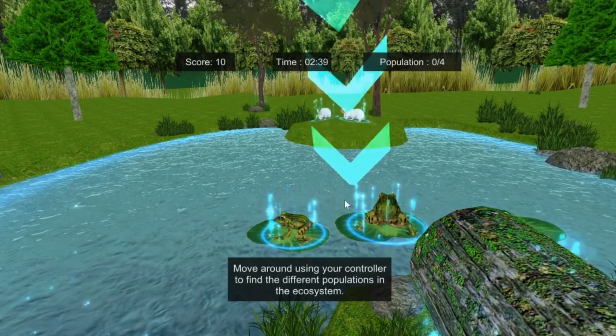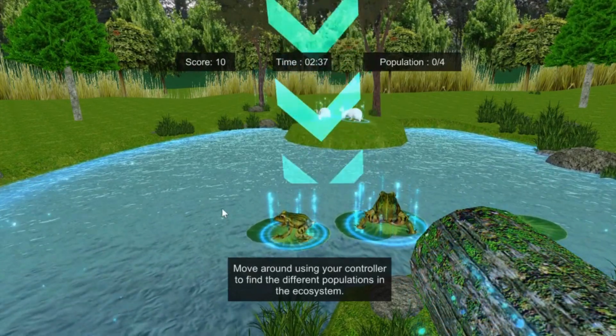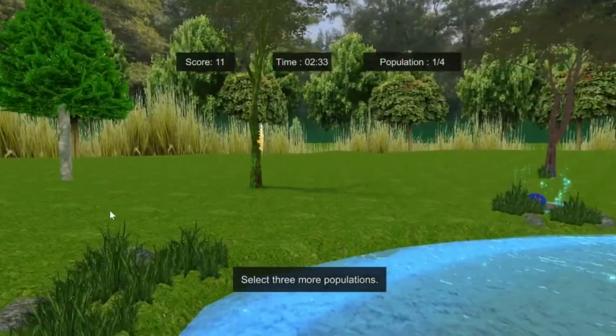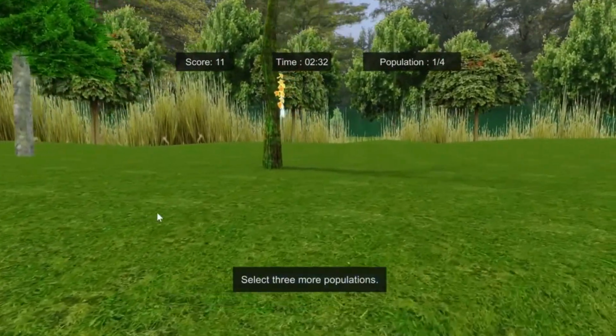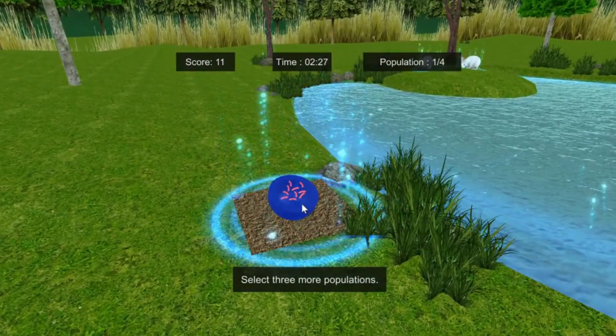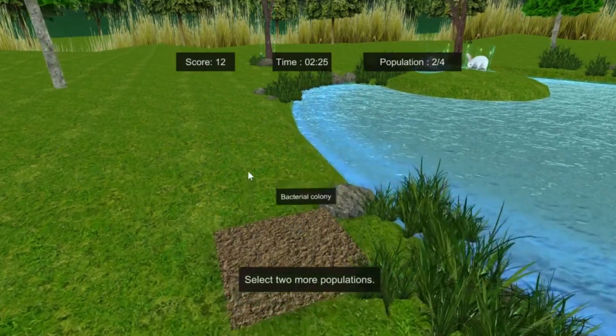Move around using your controller to find the different populations in the ecosystem. Right, select 3 more populations. Right, select 2 more populations.